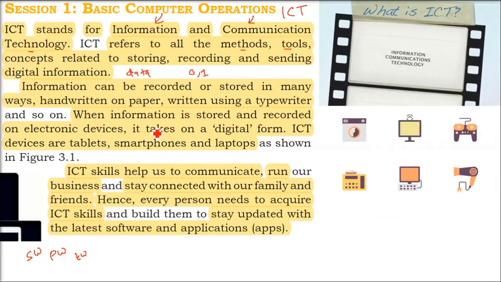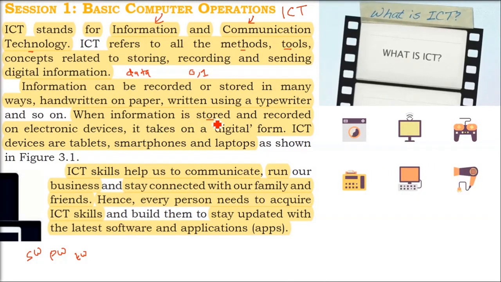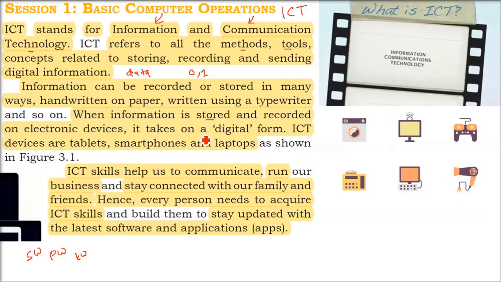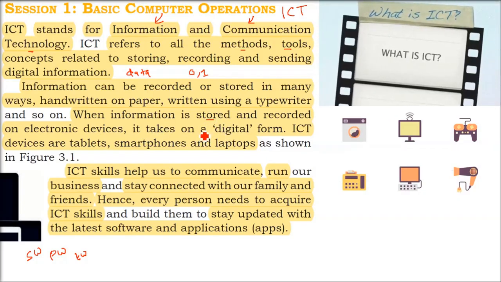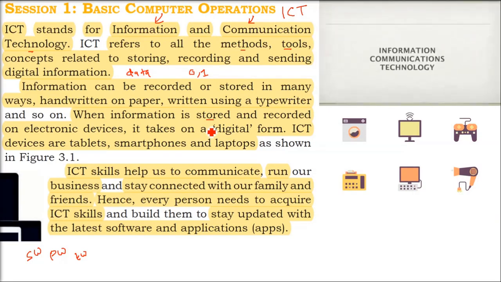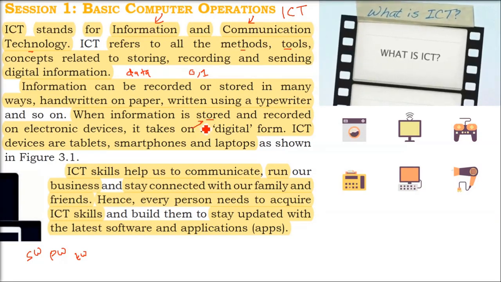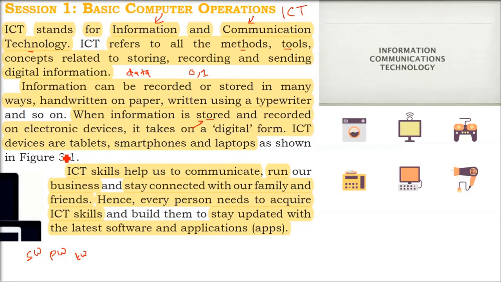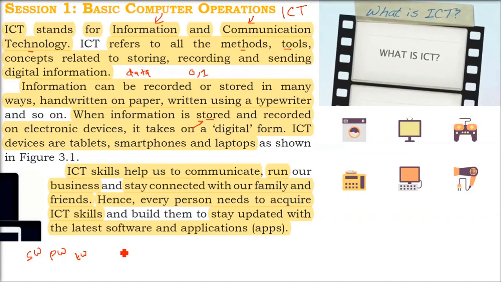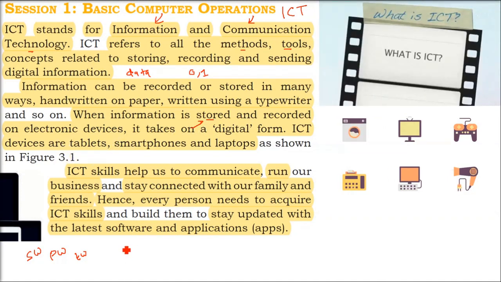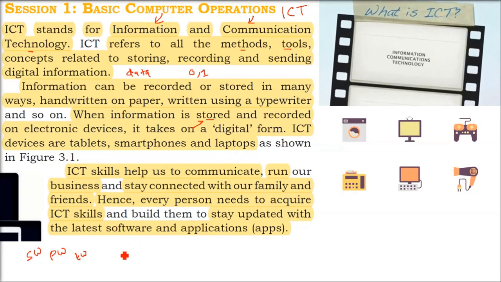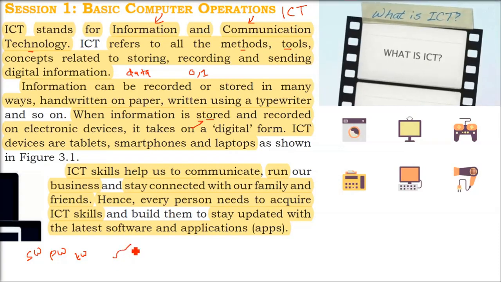When this information is stored and recorded on electronic devices, I'm talking about all the devices, storing and recording means that once you shut it off and power it on again, the data should remain there. This is the digital form.